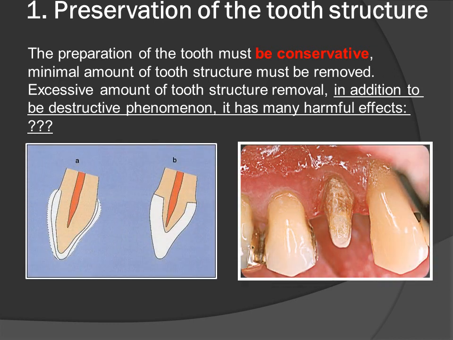I mean by the harmful effects the thermal hypersensitivity, pulpal inflammation, and necrosis that may result from approaching the pulp closely. Besides that, the tooth may be over-tapered or shortened, and this might affect the retention and the resistance of the prepared tooth.